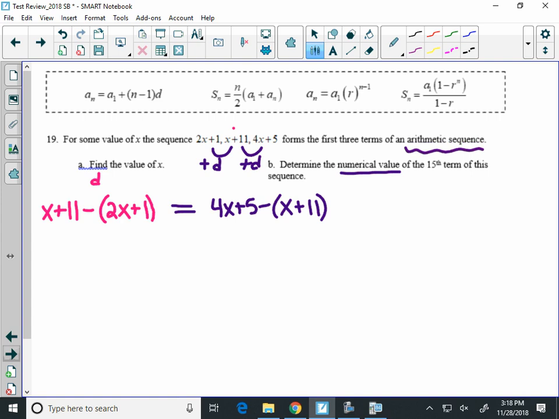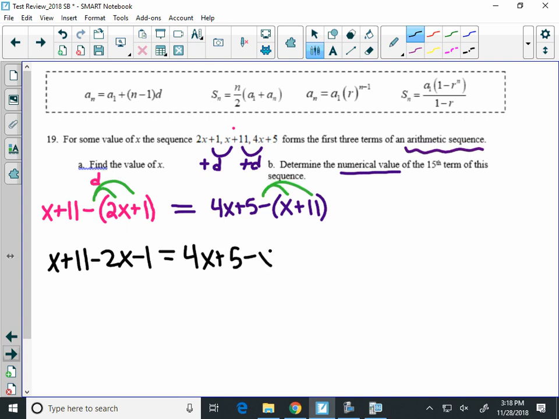So what I would do is simplify and solve that equation for x, and then you'll find the value of x. So we'll start by distributing the negative on both sides here. We'll get x plus 11 minus 2x minus 1 is 4x plus 5 minus x minus 5. Well, I would combine like terms on both sides.